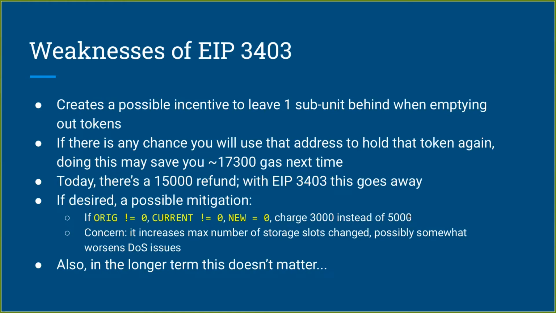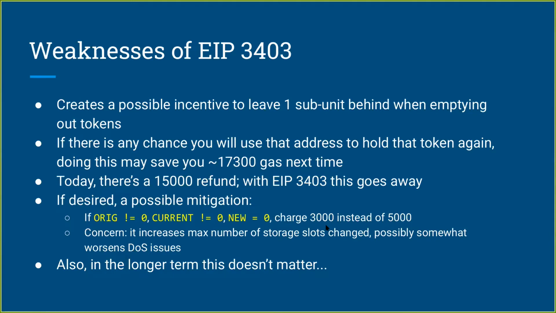So if we decide this problem is significant, one possible mitigation is to also add a second rule where, instead of a refund, if a storage slot is set from 0 to non-zero, you charge a lower amount, basically 3,000 gas instead of 5,000. Or we could even say charge 5,000 and do a refund of 5,000.